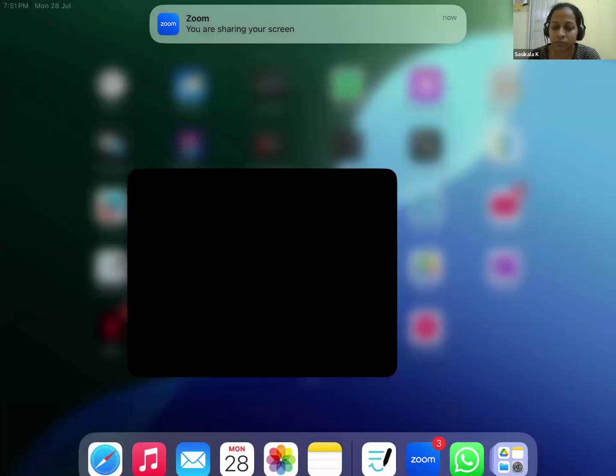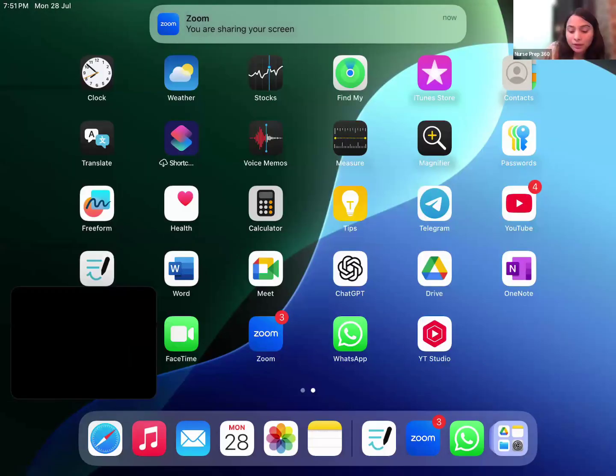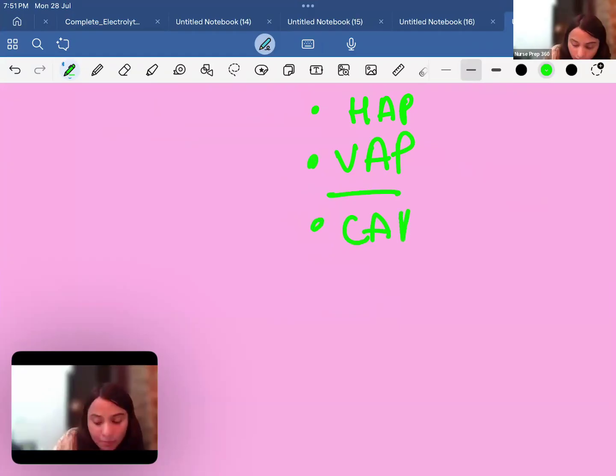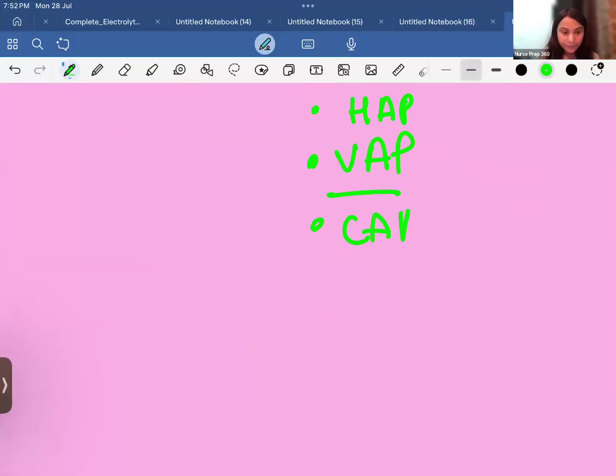Now tell me, what is the difference between hospital acquired pneumonia, ventilator associated pneumonia, and community acquired pneumonia? You must have heard of these 3 types of pneumonia. Can anyone tell me what all this is?